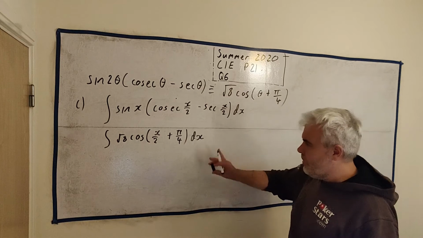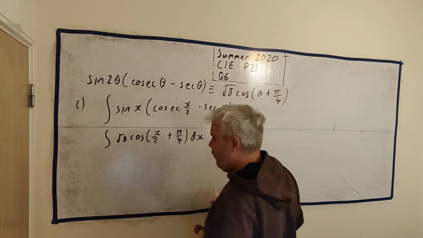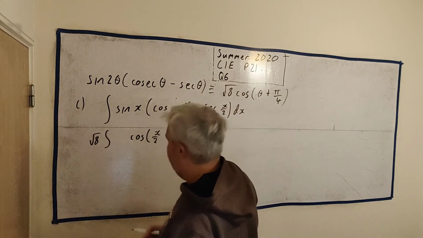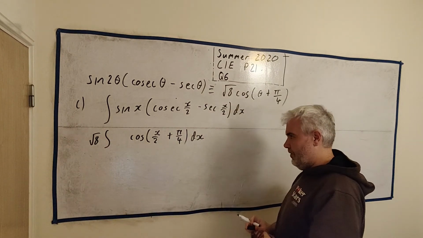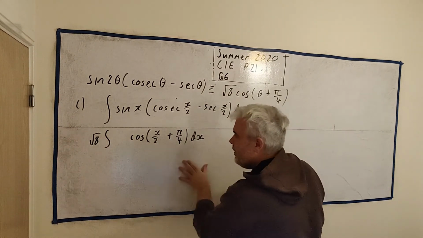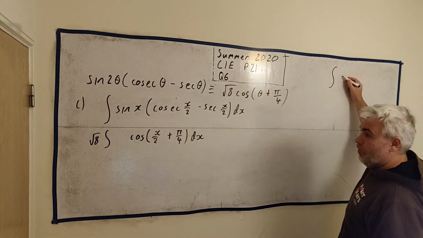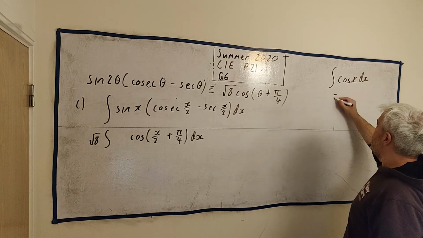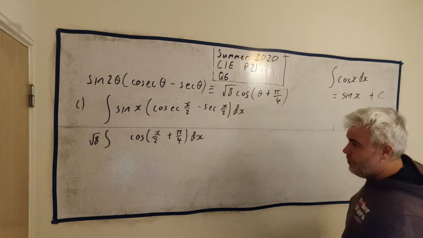So let's start. I don't have much room, so I'm going to cheat a little. Instead of writing a whole new line, I'll just write the square root of 8 here, because it's a constant. Numbers can just be taken outside. What's making this question difficult now is this. We are able to do the integral of cosine x dx, which is just equal to sine x plus a constant.